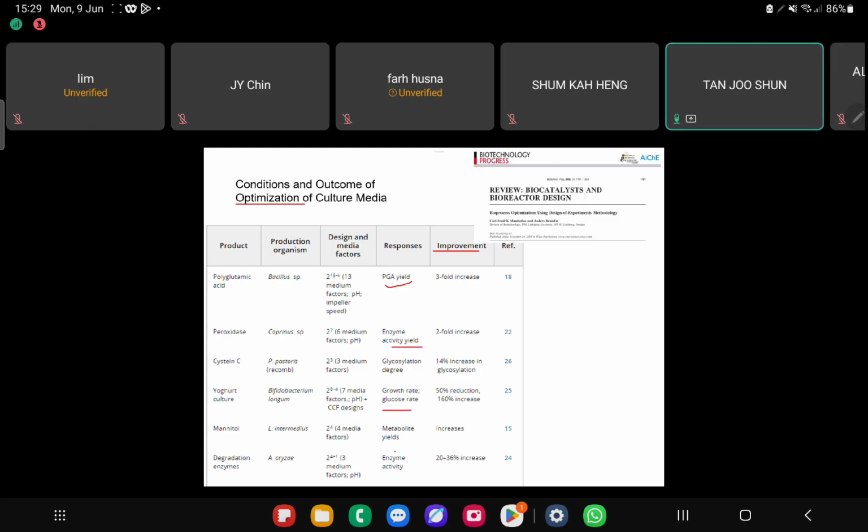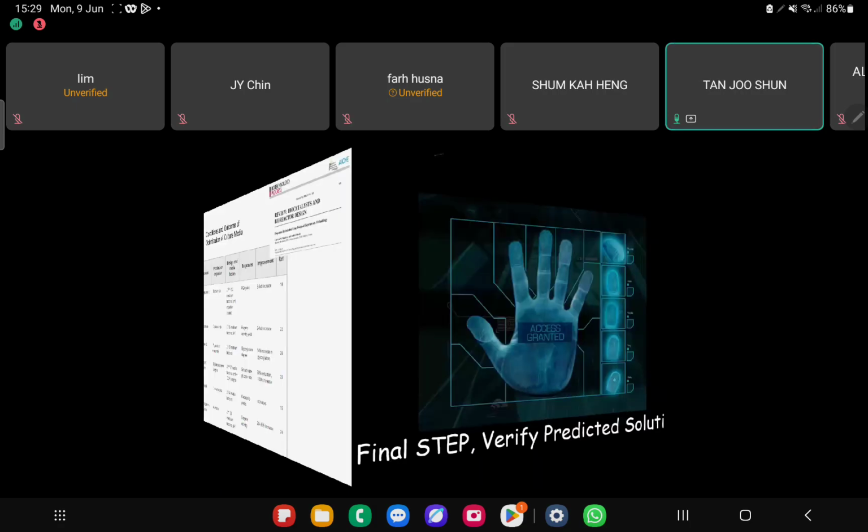The growth of bacteria, enzyme activity, all this. So how many times can they improve? For example, 3-4 times increase after you do the optimization, 2-4 times increase, or 20 to 36% increase. This is how wonderful this RSM is, optimization.